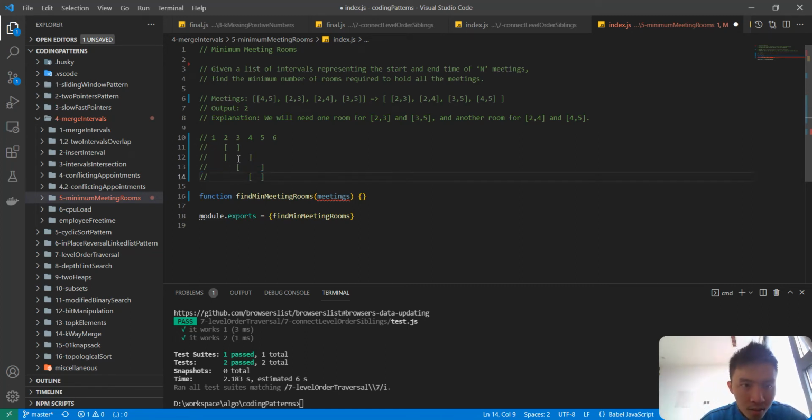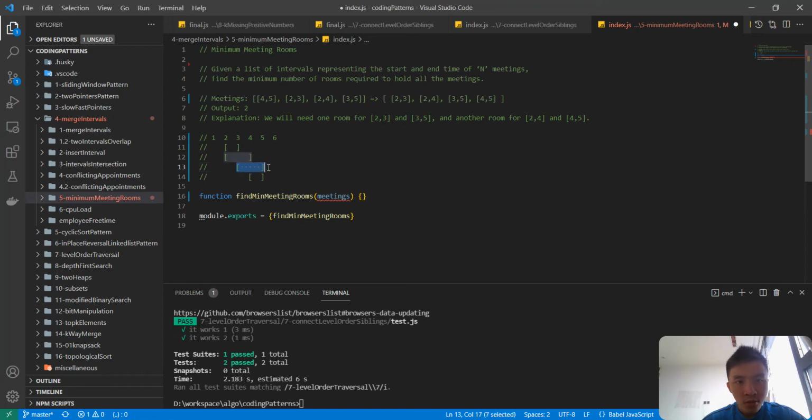The next point is the same as the previous. One interval ended here, which is this one, 2 to 4. Then how many intervals are happening at 4?